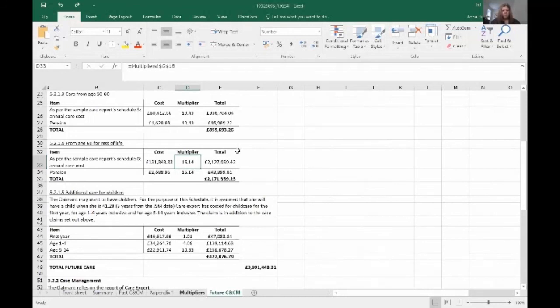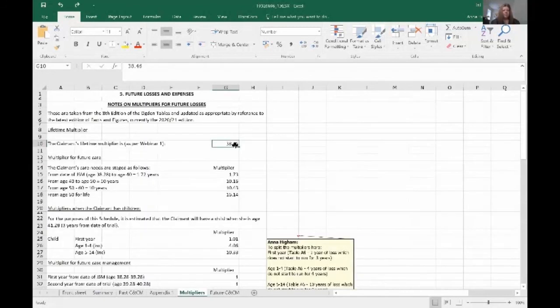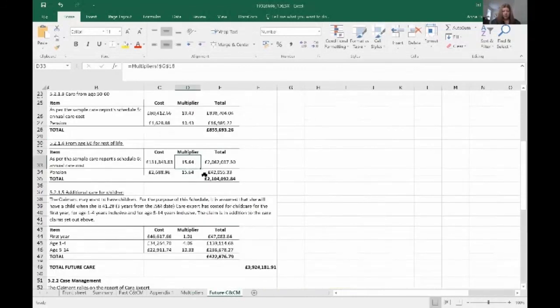Now what happens if you want to tap in 37.96? You will see that it has changed the multiplier to 15.64. It's therefore changed the total because you had it set up to do the multiplication for you. It's changed the total here.